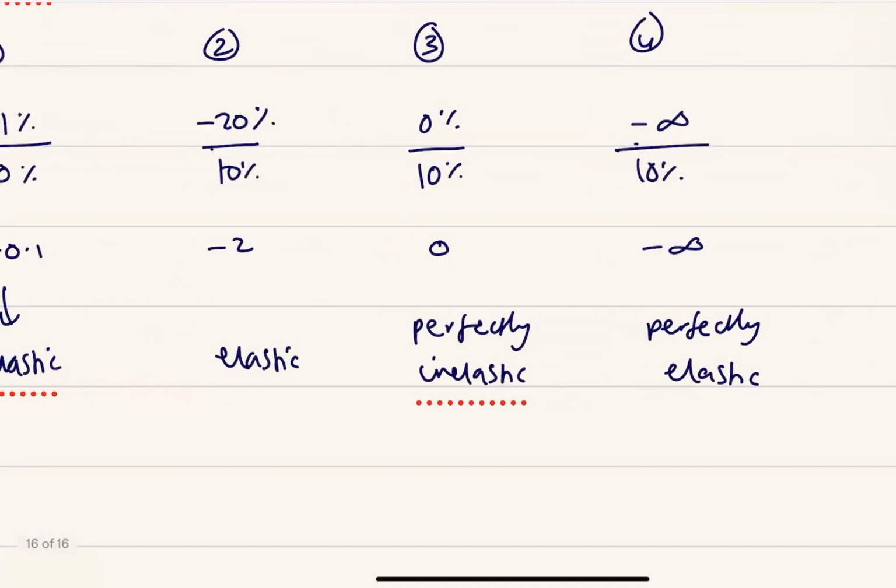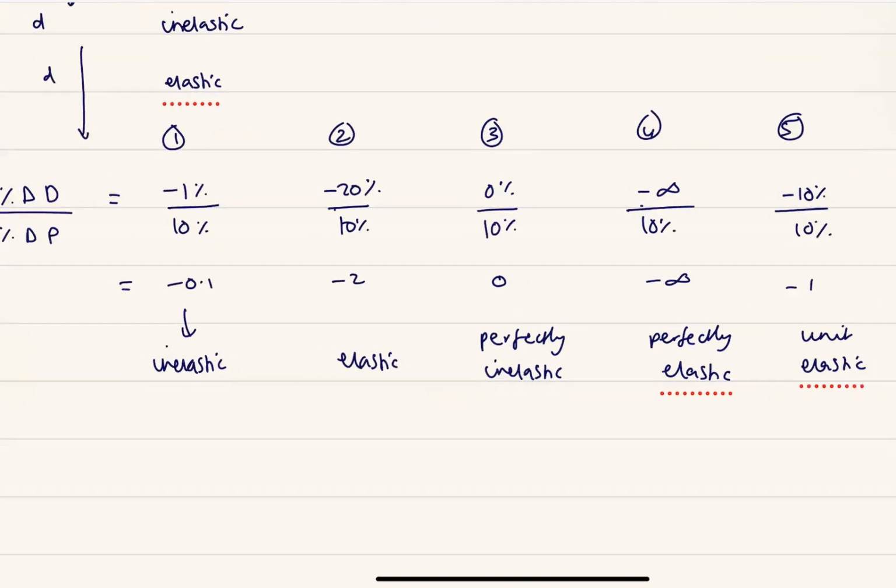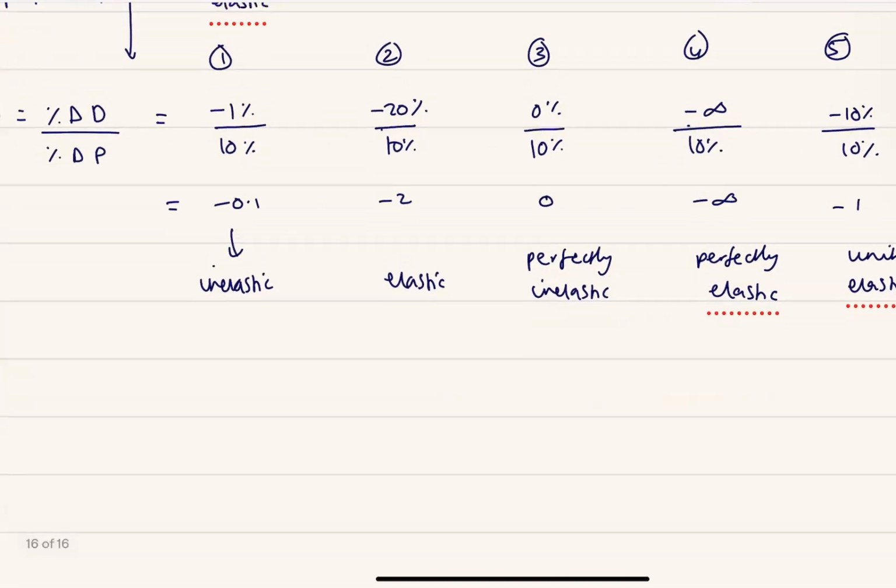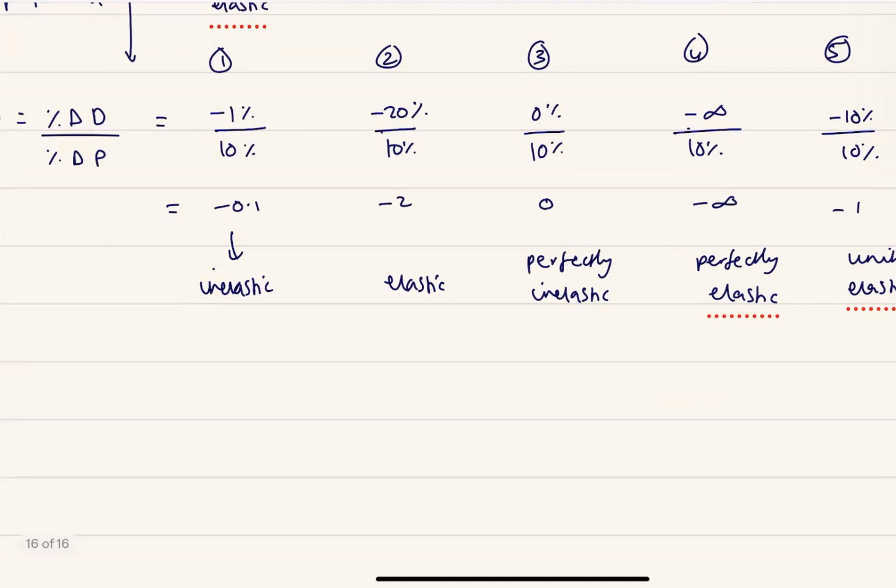And then I just forgot one more. Say, for example, if it goes down by 10% when the price goes up by 10%, then it's going to be -1, and that's unit elastic. So this isn't something to memorize. I would rather you understand what's going on. Always try to understand, is the third letter changing by more or by less than the price?